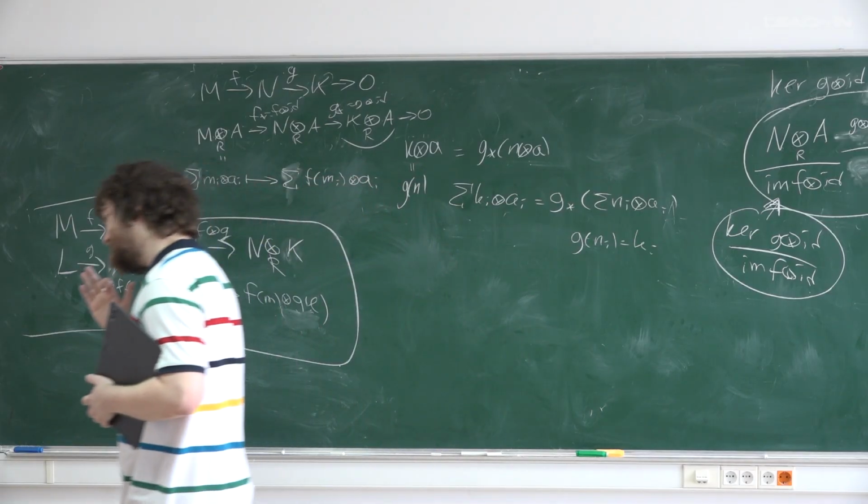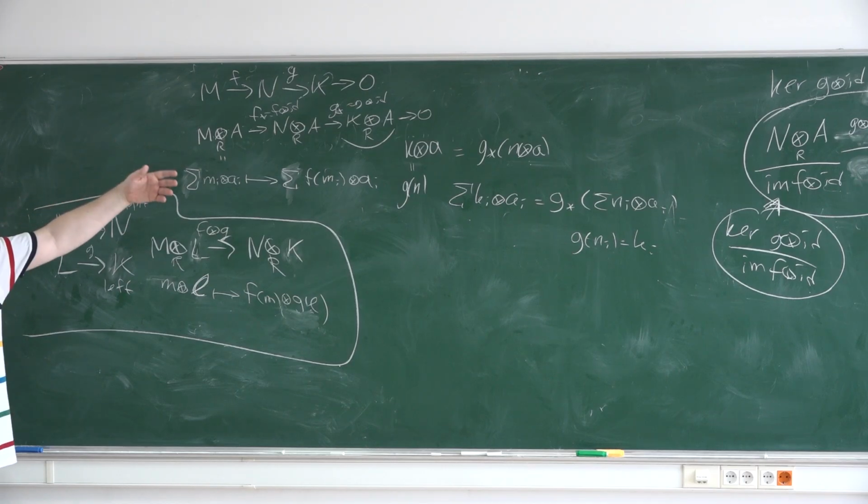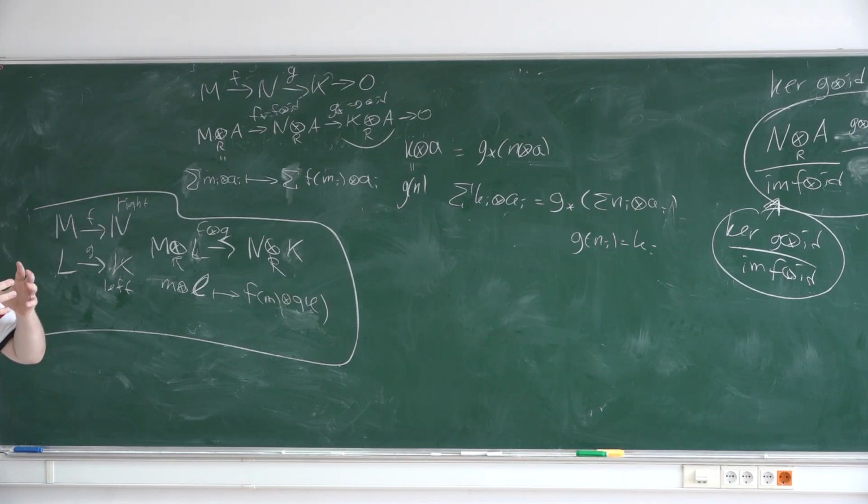Okay, yes. In fact, you're right. Let's see. To use adjunction, you have some Hom to something, because in adjunction you have the tensor product on the left to something. Yes. But to what do you consider Hom?